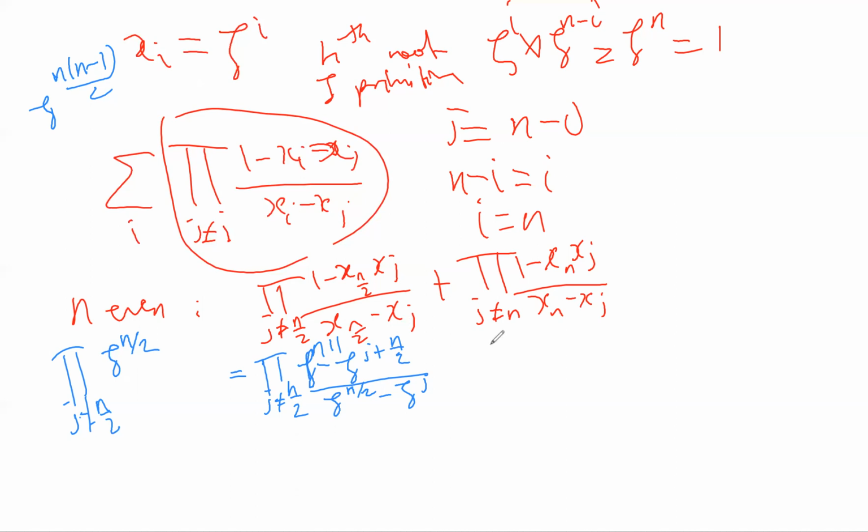Okay, what about this thing? What's this one? The product over j not equal to n. Psi of n is just 1, so this is just 1 minus psi j on 1 minus psi j, right? That's equal to 1 no matter what.